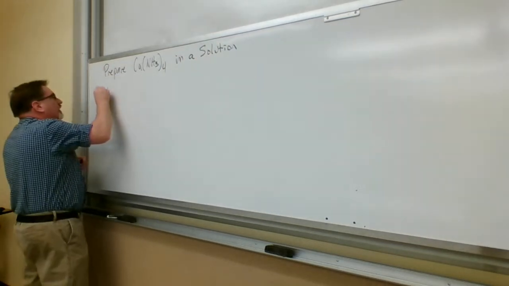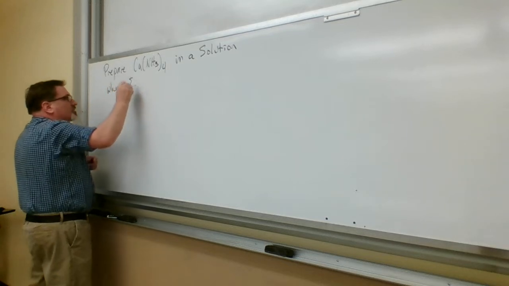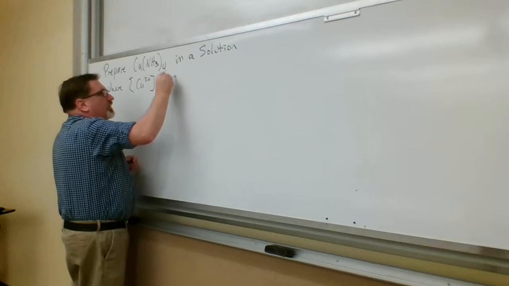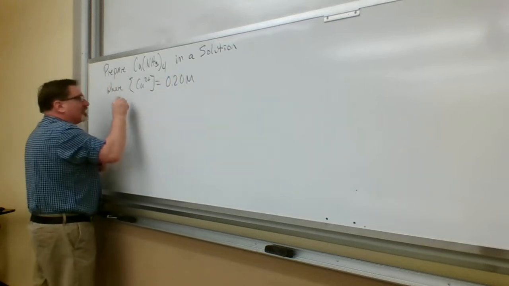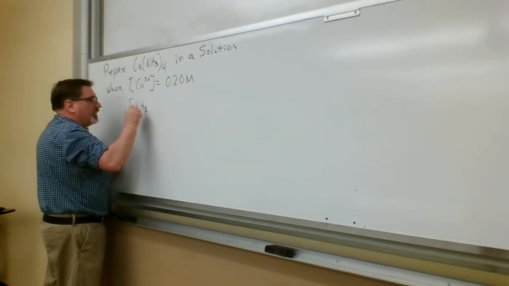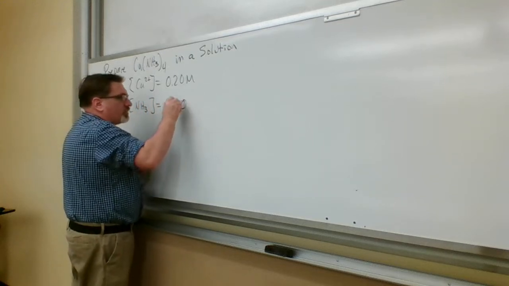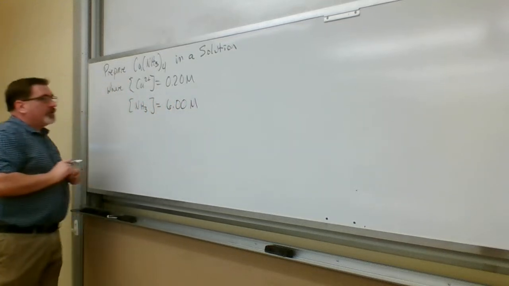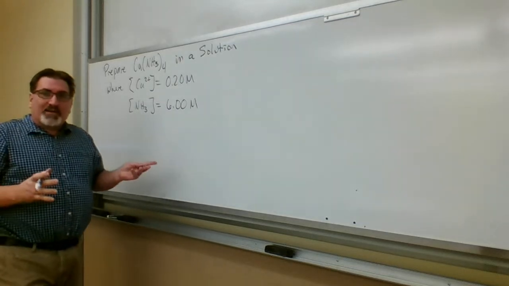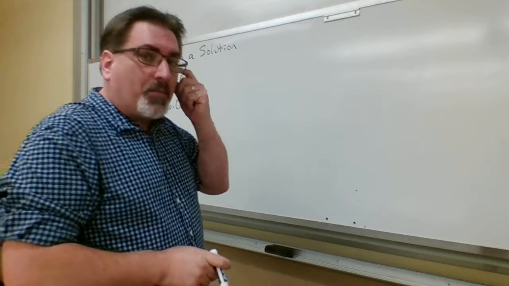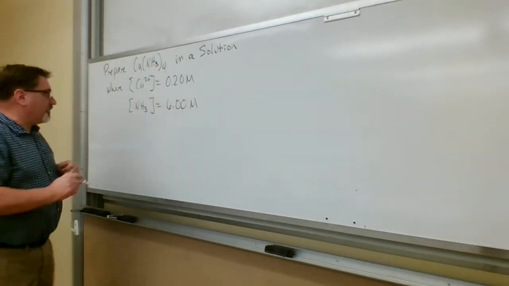in a solution where the concentration of Cu2+ is 0.20 molar and the concentration of NH3 is 6.00 molar. So that's our setup, and what we're going to calculate is the concentration of free available copper once this reaches equilibrium.